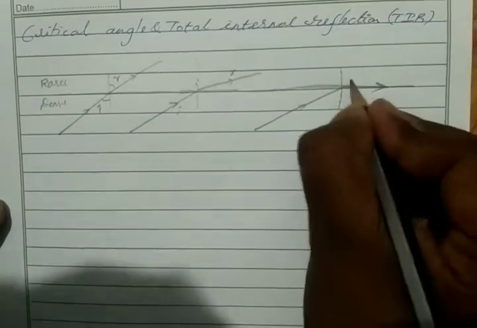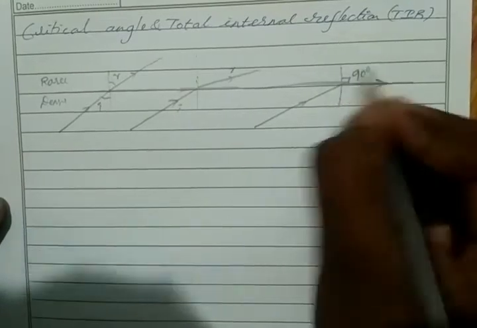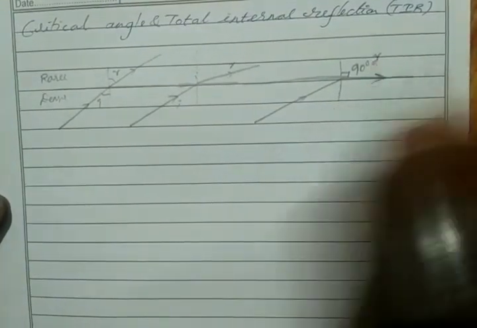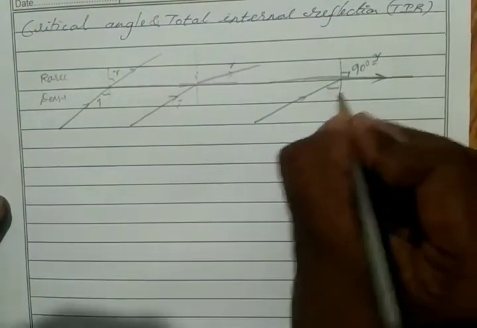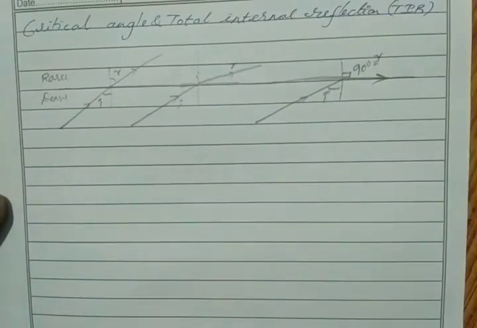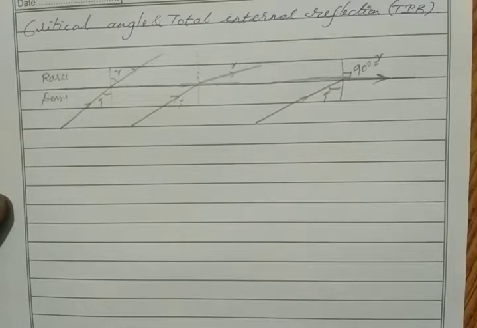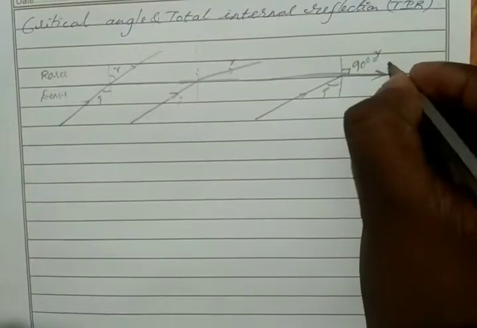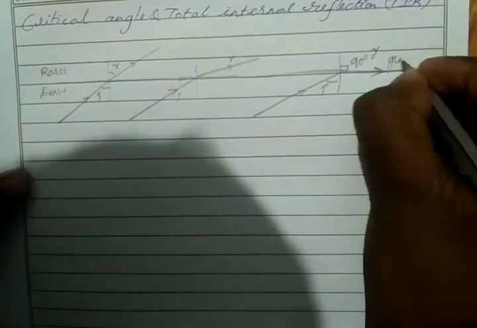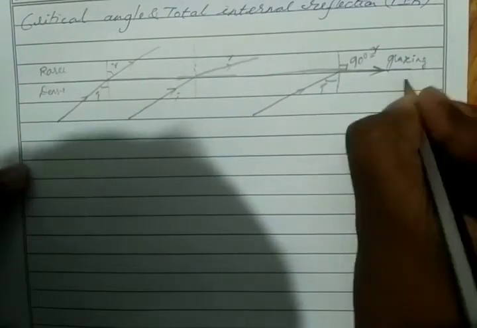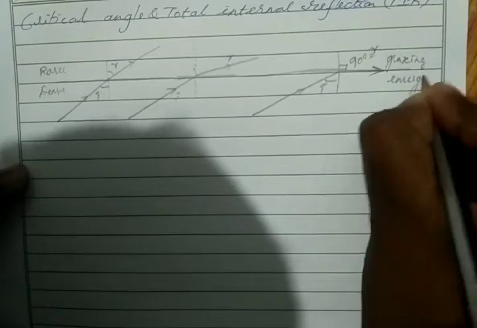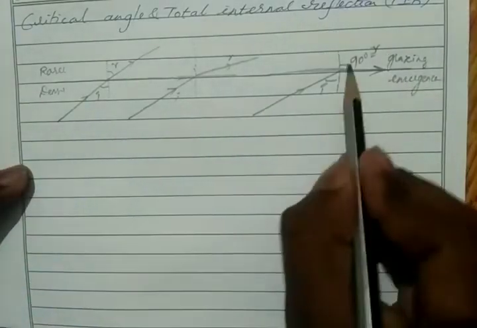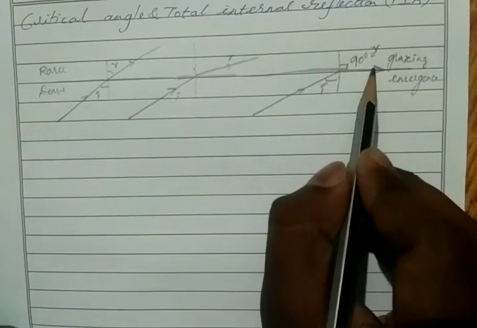So what is the angle here? Here it is 90 degrees, that is the refracted angle, and this is our incident angle. So this incident angle is known as the critical angle. Grazing emergence means this is the emergent ray which is coming outside.